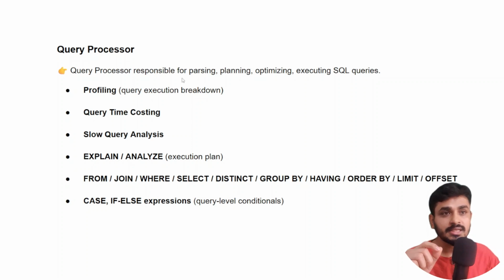Another one is query time costing and slow query analysis, explain analyzer, and clauses. We use them to retrieve data, insert, update, and also expressions. So it is responsible for the query processor.